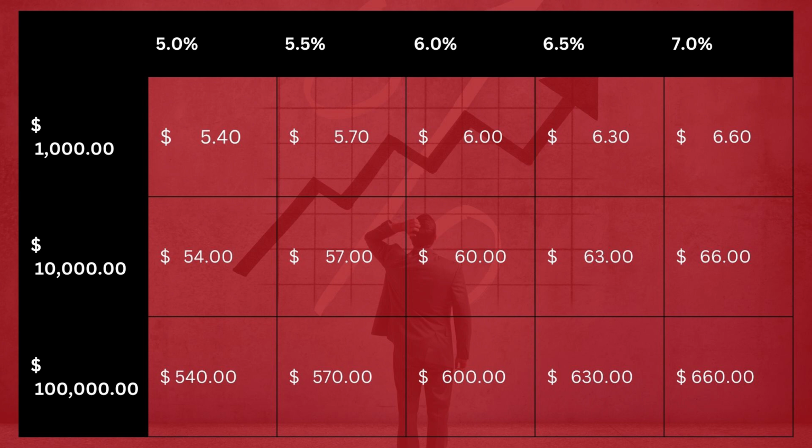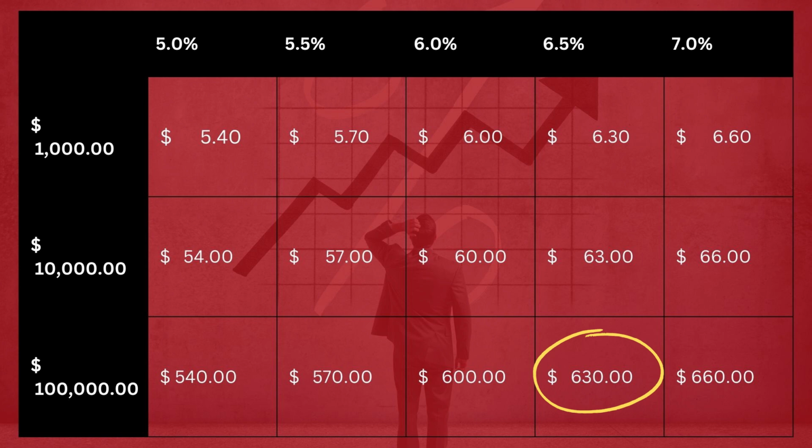So in the initial example, we have the 6% rate yielding a payment of $600 for every 100,000. If you go up 0.5%, all you do is add $30 per month to your principal and interest. So if the rate is 6.5%, rather than your principal and interest being $600 per month, it becomes $630 per month for every 100,000.